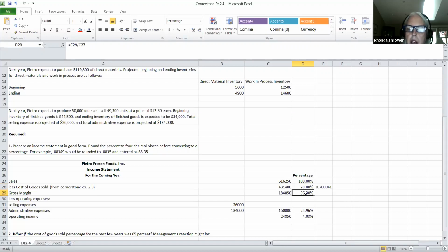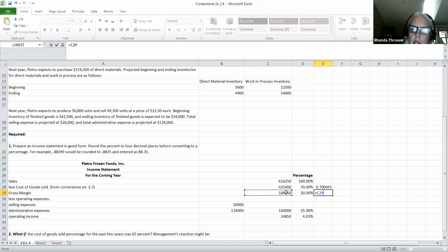Now, I believe that I've taught you before in managerial accounting that you could simply subtract 70% from 100%, and that'll give you the gross margin. But again, you've got to be careful because of these rounding items here. So it might be a good idea for you to take the amount of your gross margin and divide it by the sales.